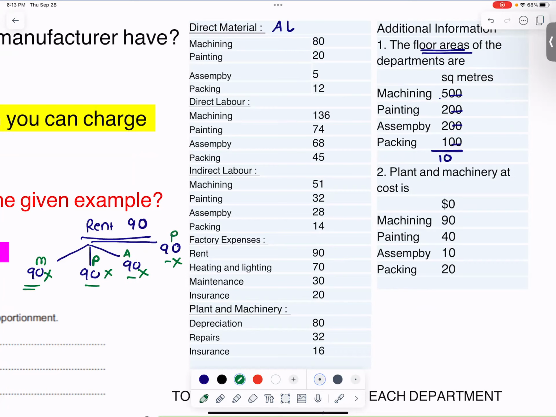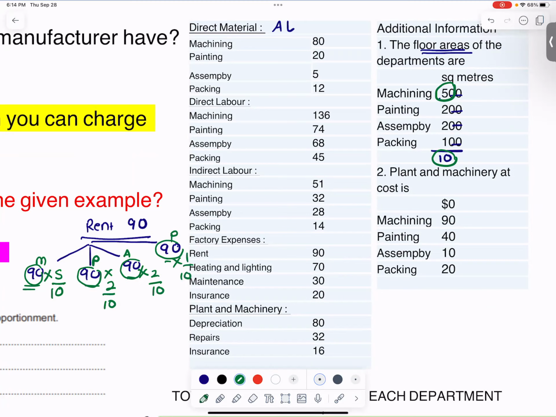For machining, the base will be 5 by 10. For painting, it will be 2 by 10. Assembly again 2 by 10. And packing would be 1 by 10.